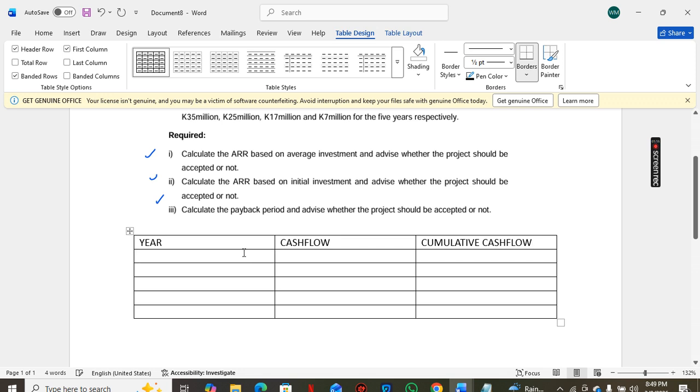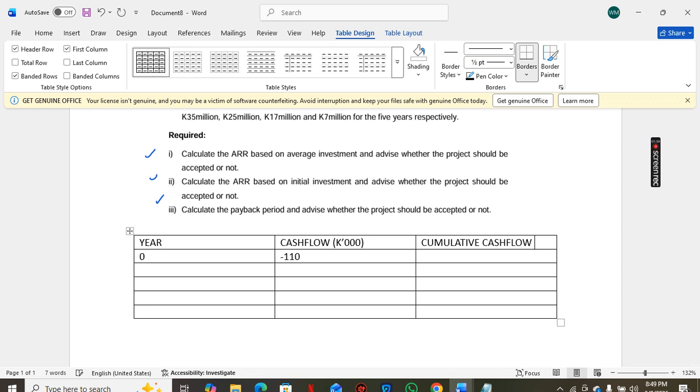Okay, so year 0, first day of year 1, with this negative cash flow of 110 million. Colleagues, why are we representing it as a negative cash flow? Because it's the initial investment which was put in.